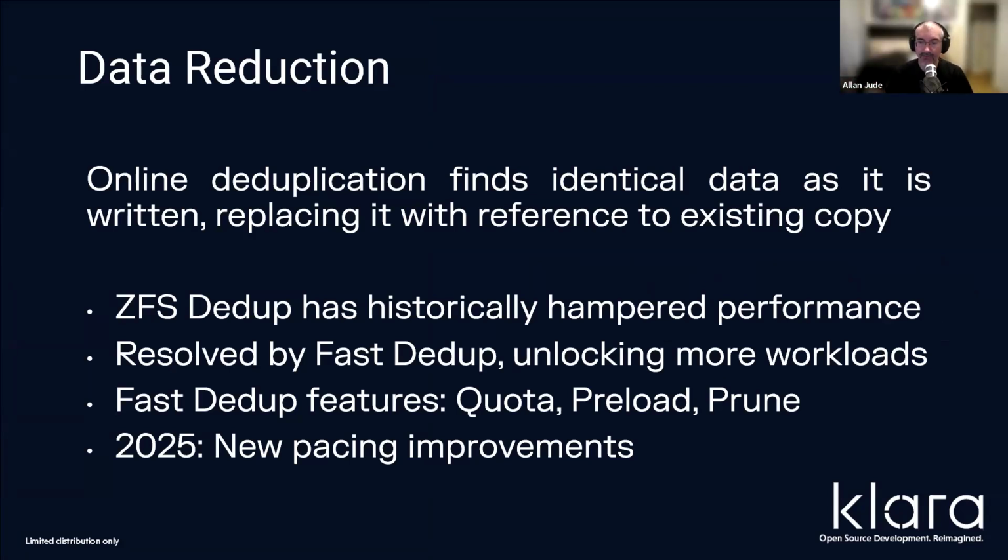And so that allows you to store multiple copies of the same data in separate files or different VMs or different containers without having to make the extra space, but without having to manually manage those either. So ZFS will take care of it all automatically.